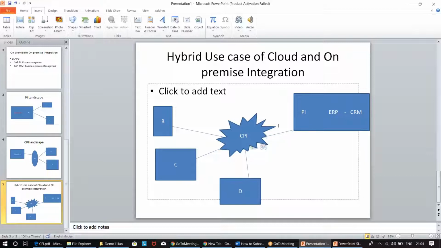SuccessFactors has been integrated with your C4 HANA service, where for example your employees will get replicated into C4 HANA service, and in your service process, when someone sends mails and tickets get created, how it should be assigned, who should be working on it, interaction and all these things, that use case happens in your C4 service. I'm just trying to give you more practical examples, so that when I say cloud to cloud, you know what the two different clouds are and how this communication is happening.